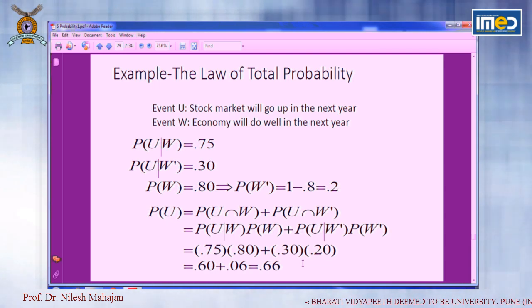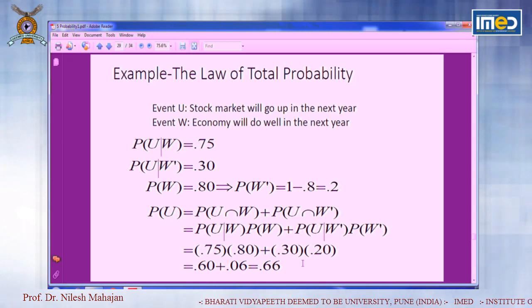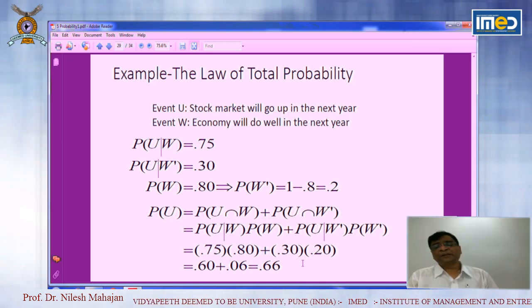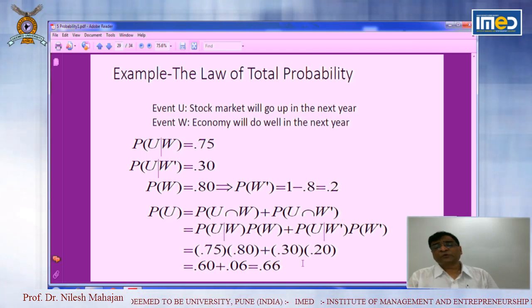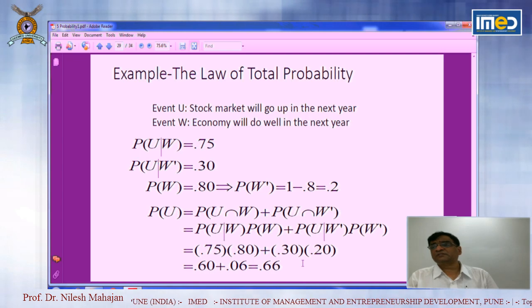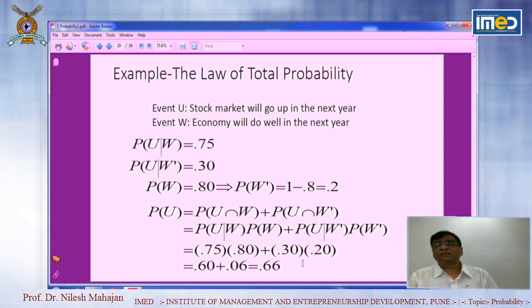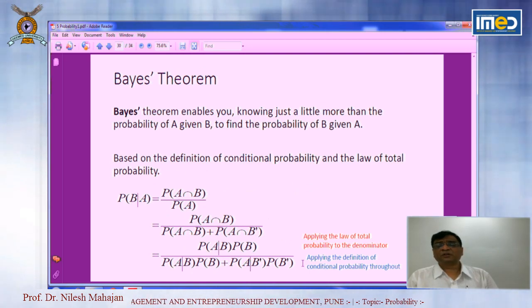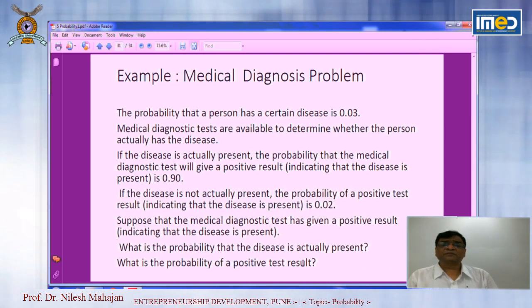The conditional probability I apply here, the data is given in front of us. P(U|W) is 0.75, 0.30, and P(W) is 0.80. So we know how to calculate P(W dash), 1 minus 0.8, that is equal to 0.2. So we can apply the formula of Bayes theorem and simplify the values.